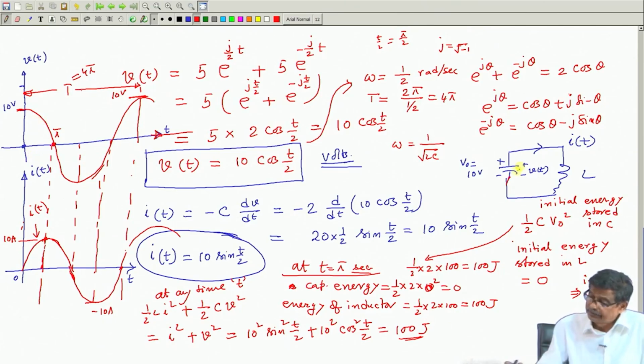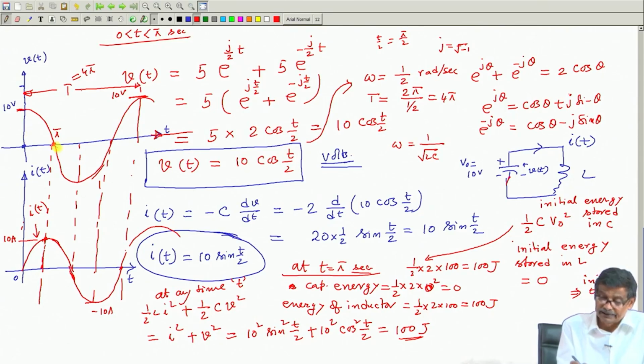The voltage across the capacitor during 0 to pi second, the voltage applied across the inductor was positive and the current must go on rising. That is what exactly happened.